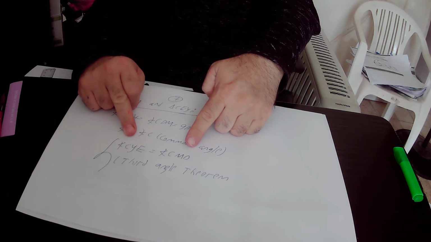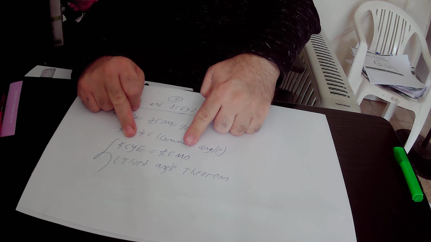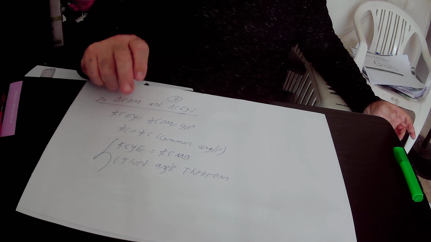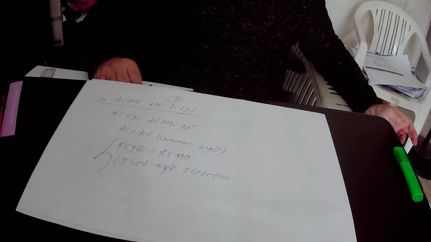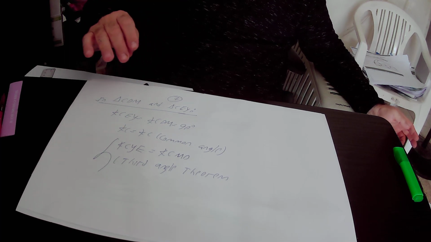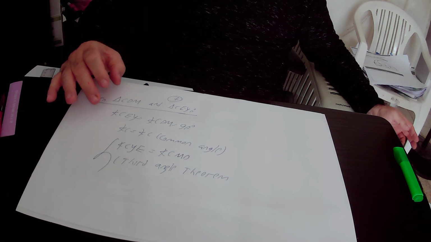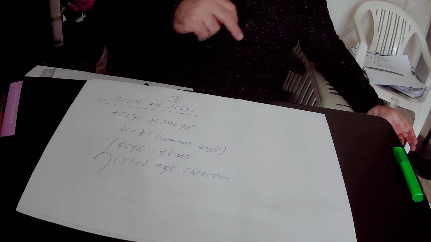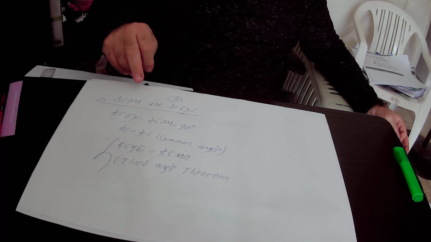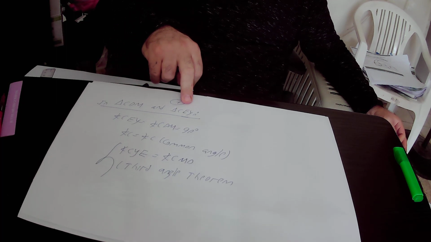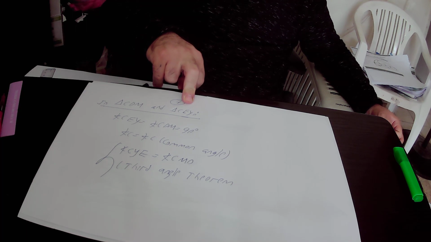That is to say, angle CYE equals angle CMD according to the third angle theorem. So we actually proved that all three angles of triangle CMD are congruent to all three angles of triangle CEY. Therefore, we proved that triangle CDM is similar to triangle CEY according to the angle similarity rule.